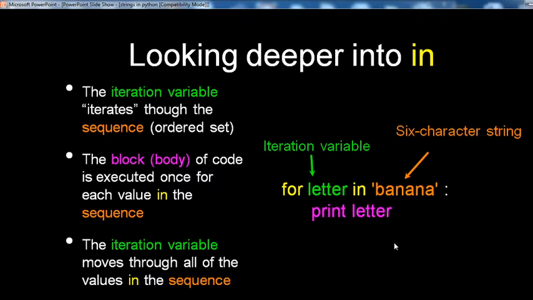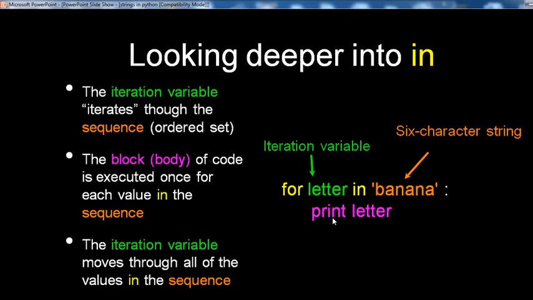Now see, in this example, the iteration variable is letter, and the sequence is the six-character string banana. The iteration variable iterates over the sequence, that is, the ordered set, banana. That means the body of code executes once for each value in the sequence.